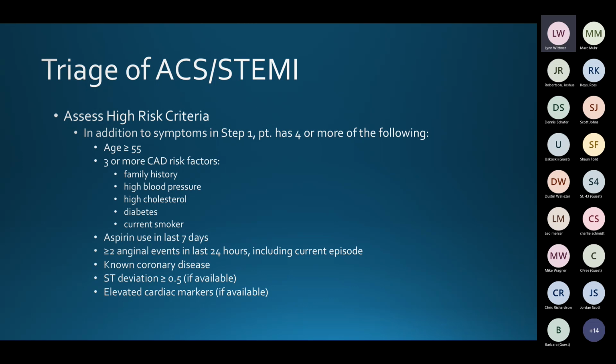In addition to their original symptoms, these are criteria to risk stratify the patient as to whether they have a high likelihood of morbidity, mortality. So first, they had to have the symptoms that would make you think of ACS.